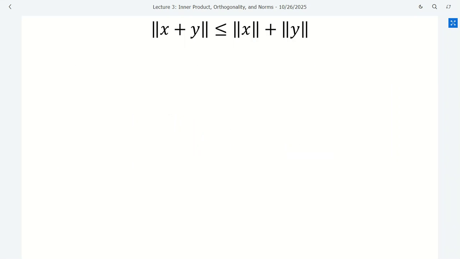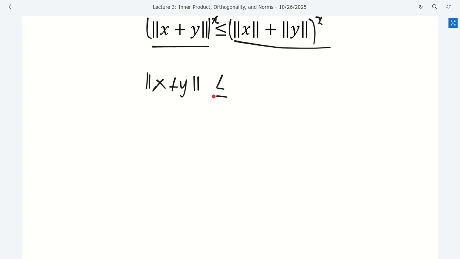And that is why we have it this way. There was a square over here, and there was a square also here, right? So the two squares cancel. So here, the triangle inequality has also been proven.